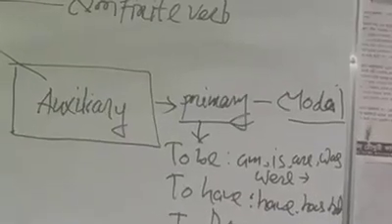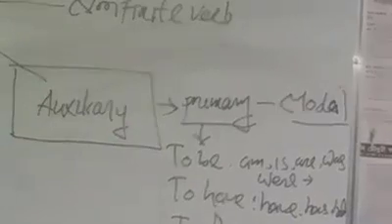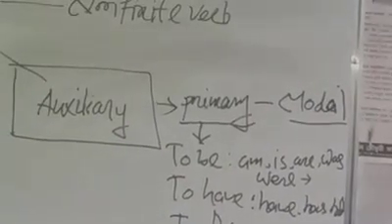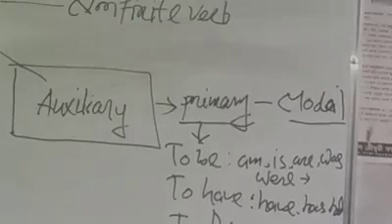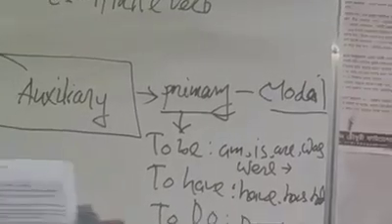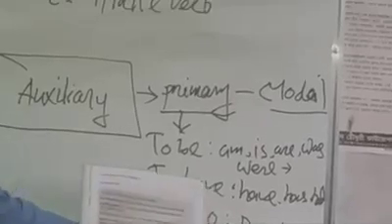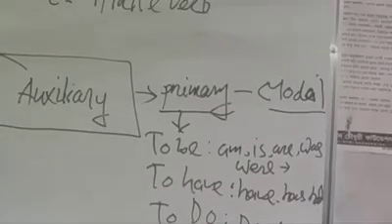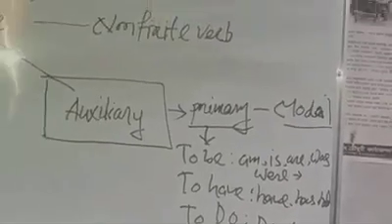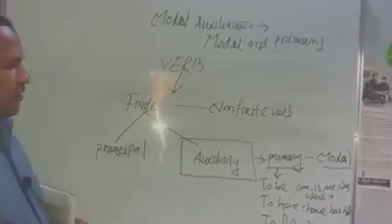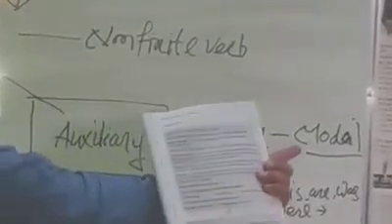To have has three members: have, has, had. And do verbs consist of three members: do, did, does. Clear? Now we will also be discussing the modal auxiliary verbs.